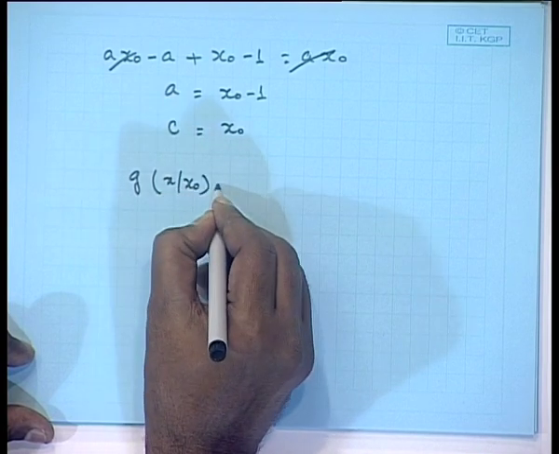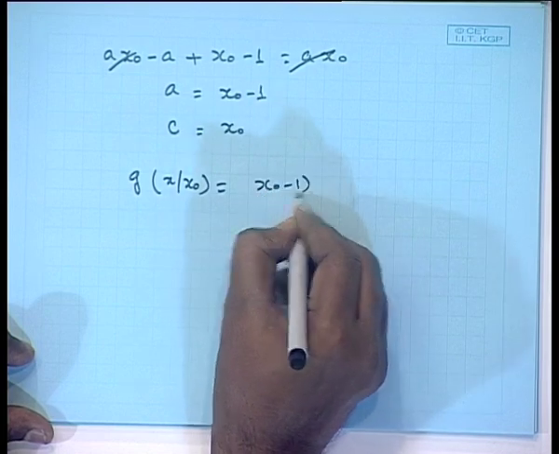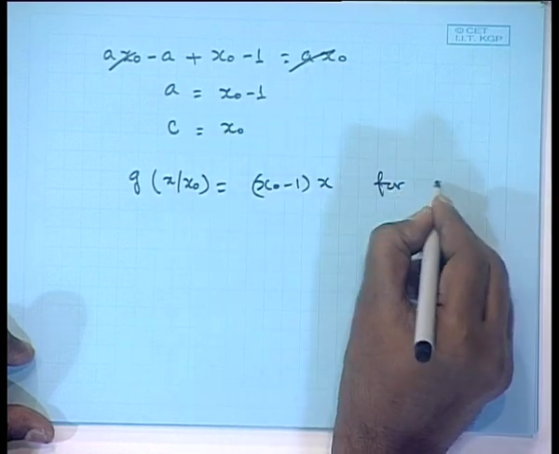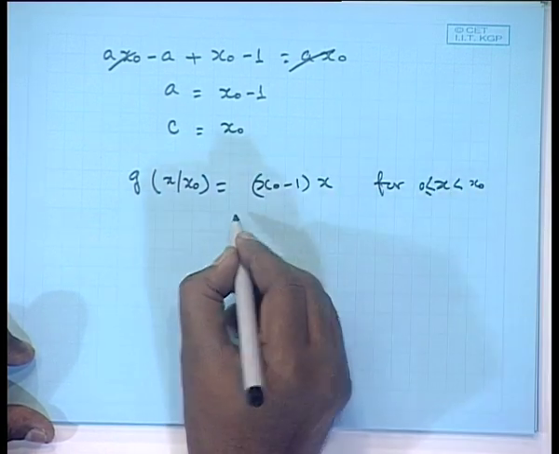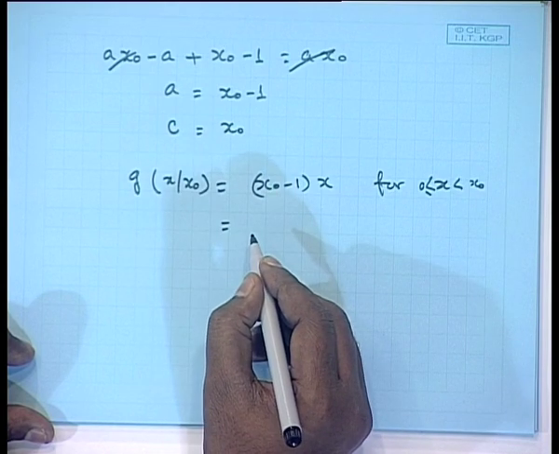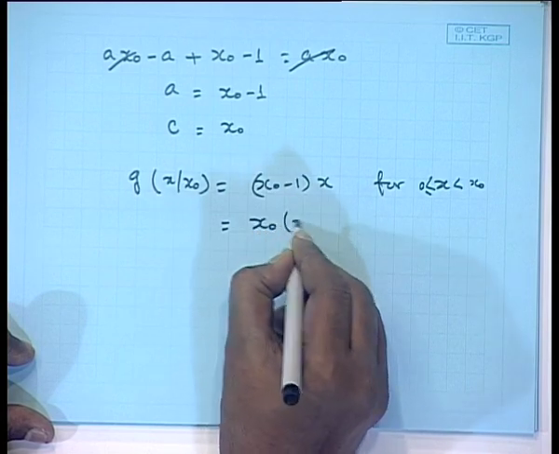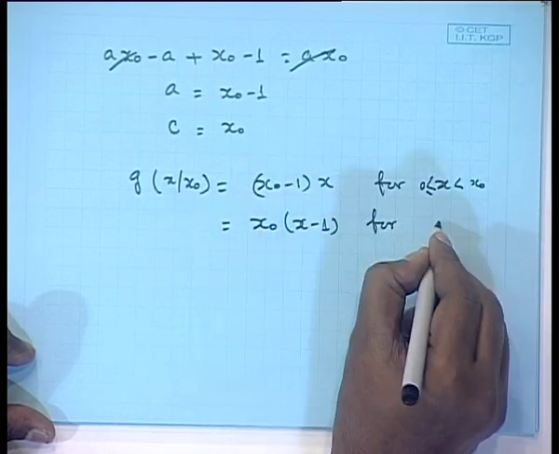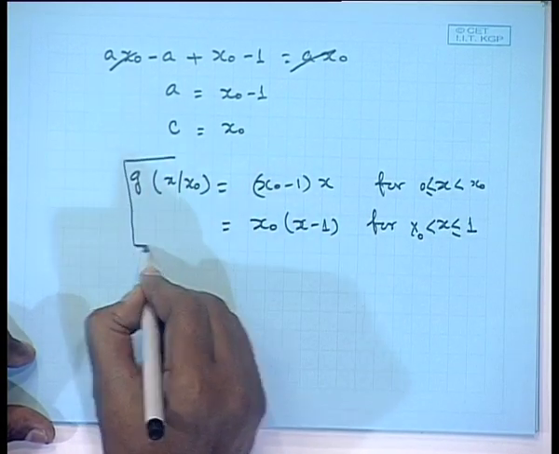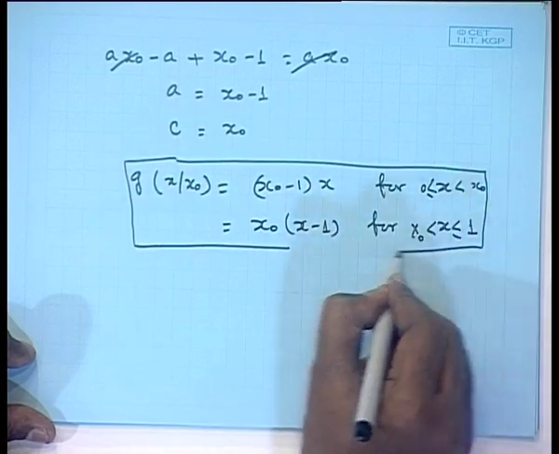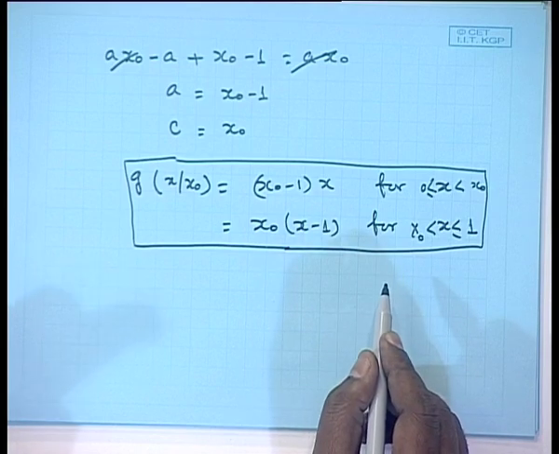G(x; x naught) is equal to (x naught minus 1) into x for x lying in between 0 and x naught, and this will be c into x minus 1, where c is x naught, so x naught into (x minus 1) for x lying in between x naught and 1. That is how you will be finding out the Green's function.